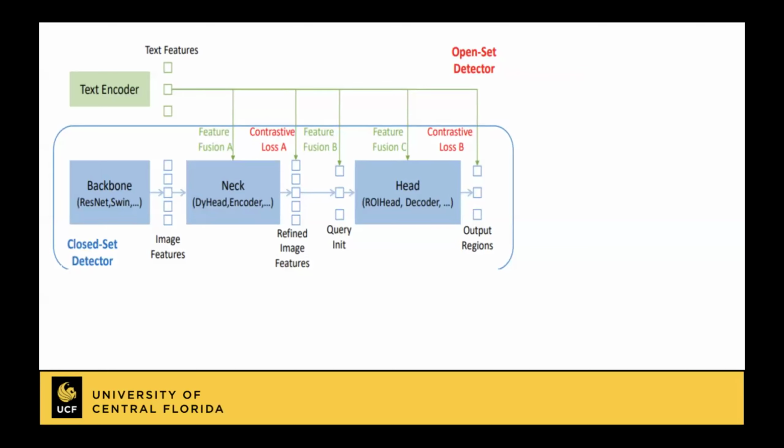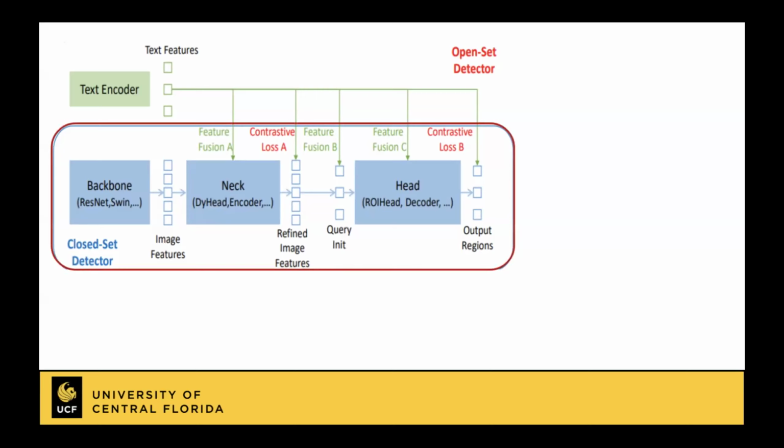So this figure represents the existing approaches to extending closed-set detectors to open-set scenarios. What is highlighted in red represents the three main modules I just talked about. An important point is that some closed-set detectors can have only partial phases of these sections. Again, here we have the backbone, which can be ResNet or Swin Transformer.